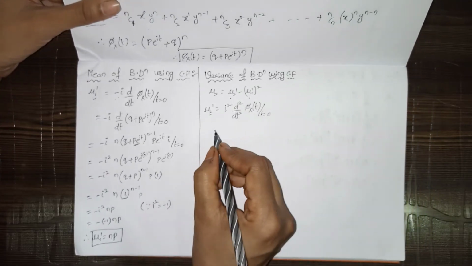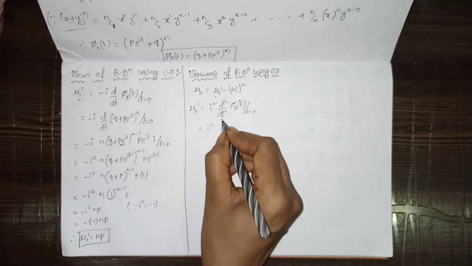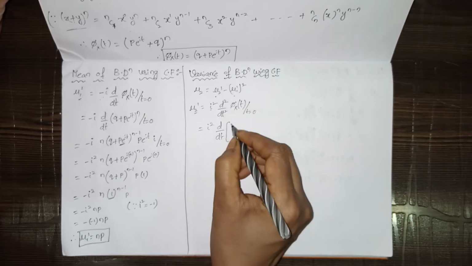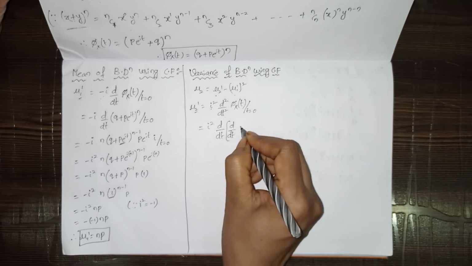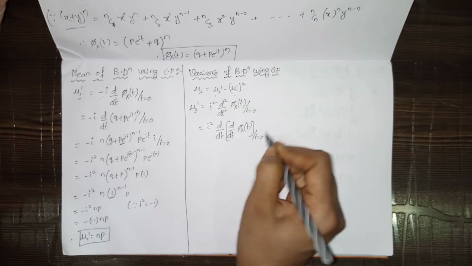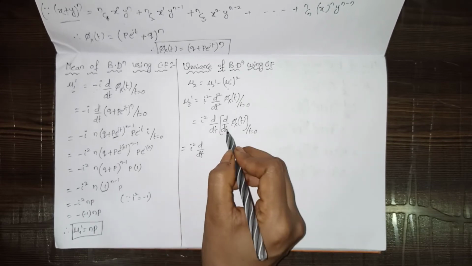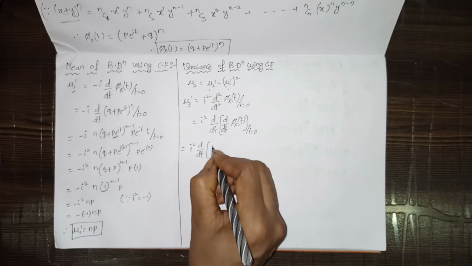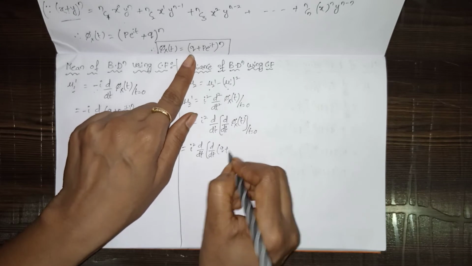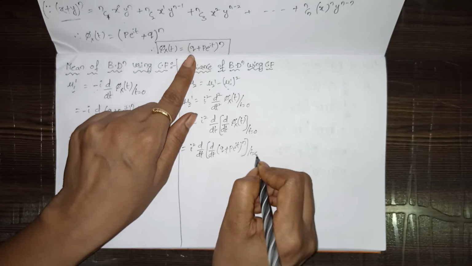Now we have to split this one: i square into d by dt of, again d by dt of phi x of t, where t equals 0. So that equals i square into d by dt of d by dt of phi x of t, which is (q plus p into e power it) whole power n, where t equals 0.